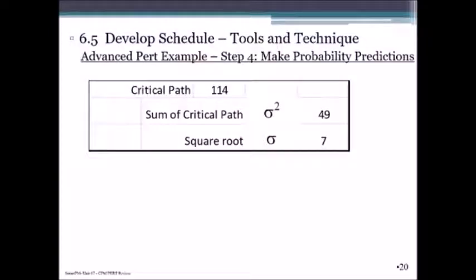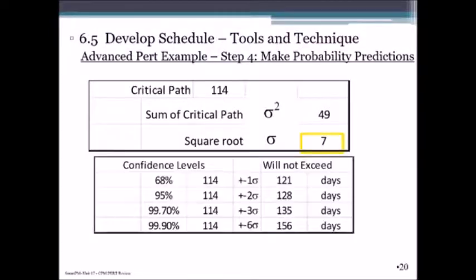Step 4, we can begin to make the probability predictions. Using the information that we've previously calculated and using the confidence levels that we've used earlier, we can now make some predictions.